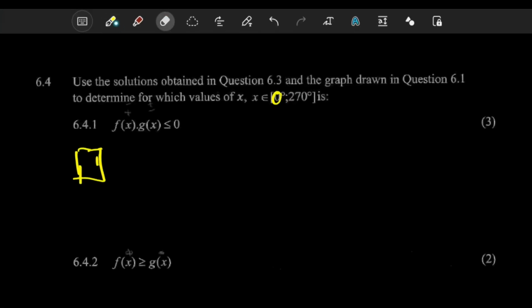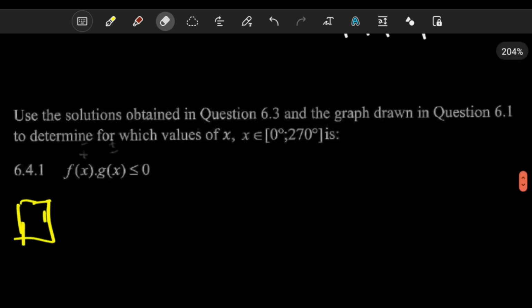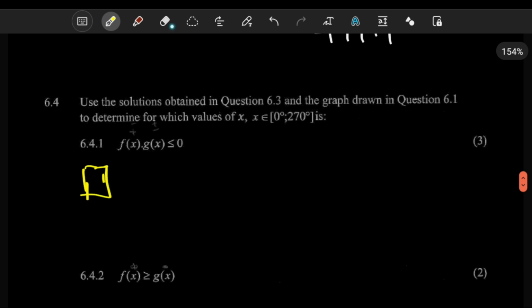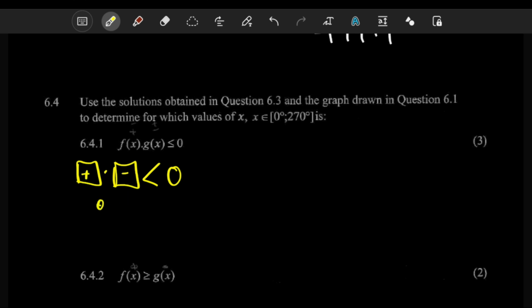And then obviously questions like these, in the functions and graphs course, we went through them like nobody's business. But the idea with questions like these is that this is an expression for f of x, so this is like a y value of f. This is a y value of g. This product will be a negative if this is a plus while this is a minus, or if it's the other way around.